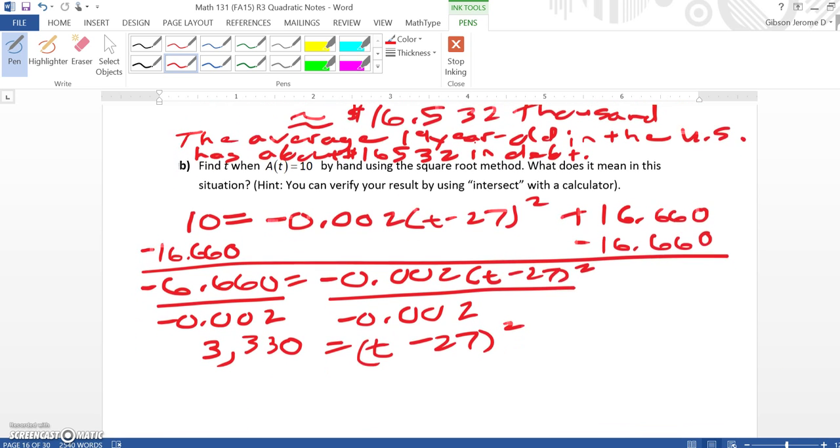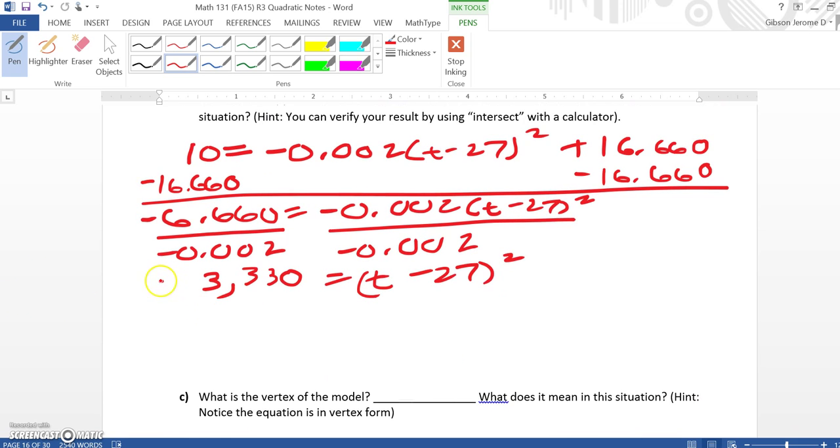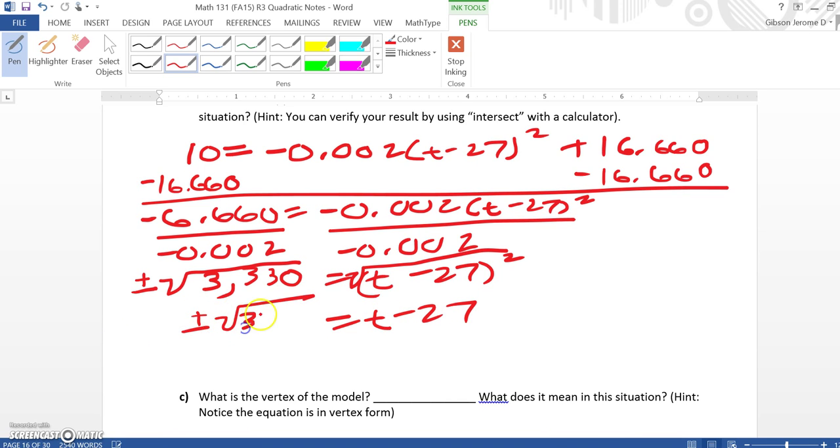Now, we need to take the square root of both sides to get rid of the square here. So now the square root of 3,330, we know this would end up giving us a positive or negative. So this would give us T minus 27 is equal to positive or negative square root of 3,330.